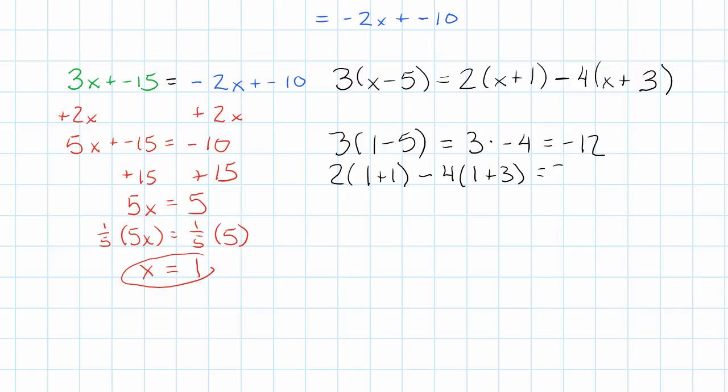That's going to be 2 times 2 minus 4 times 4, which is going to be 4 minus 16, also negative 12. Those are equal, so this was actually correct.